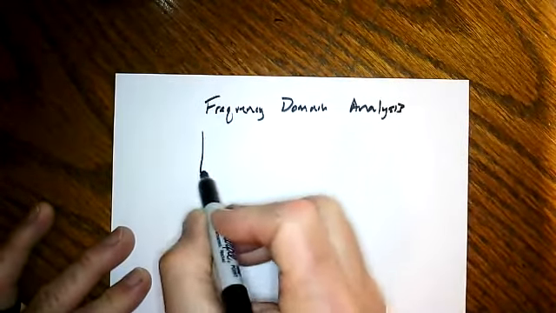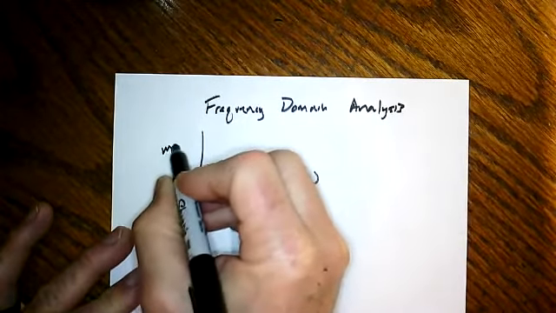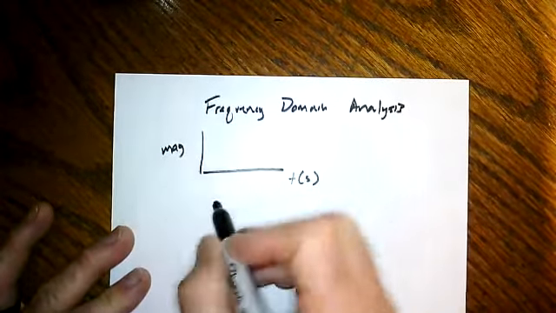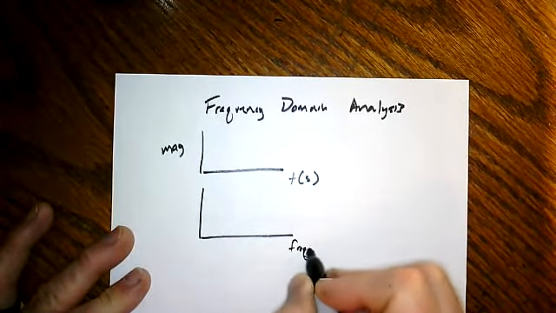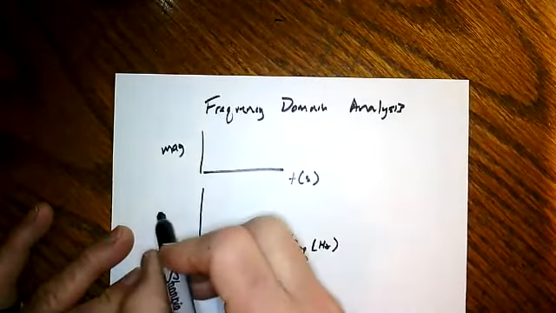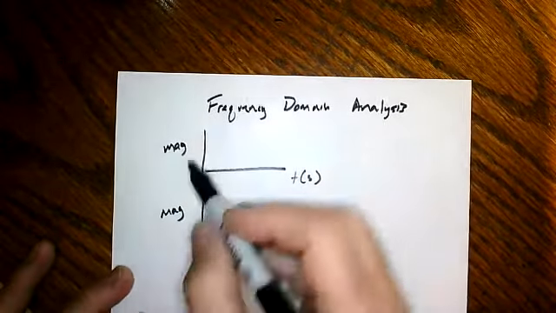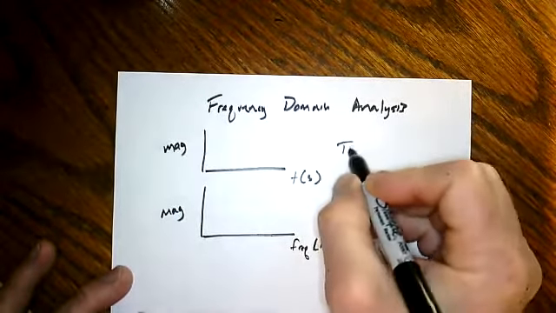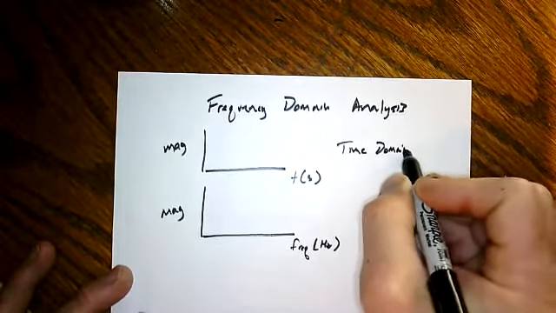So remember, frequency domain analysis is anywhere where we have frequency on the x-axis. And I'm just going to put some magnitude over here of something. So we have some time domain, and that's a separate type of analysis.